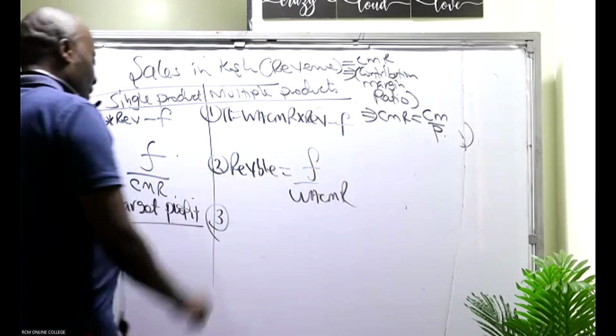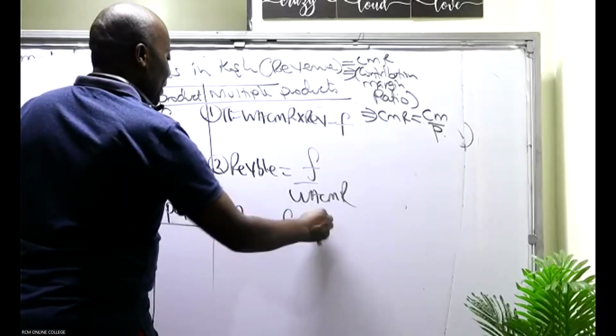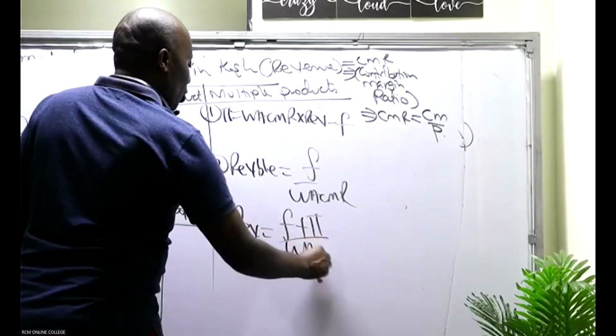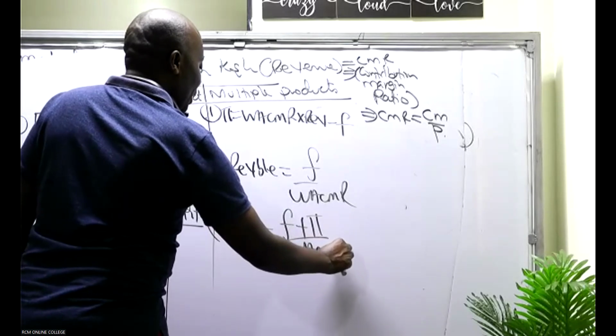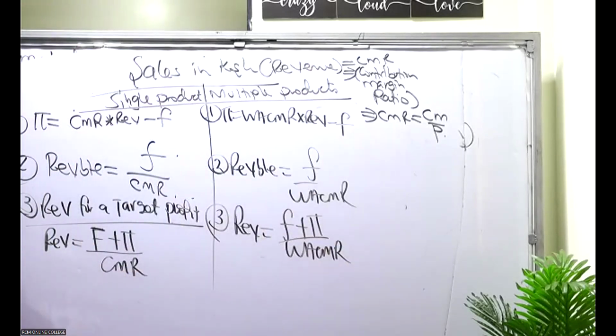For sales for a targeted profit, I will take fixed cost plus the profit I'm targeting all over WACMR. It looks a bit complicated, but there's nothing really.